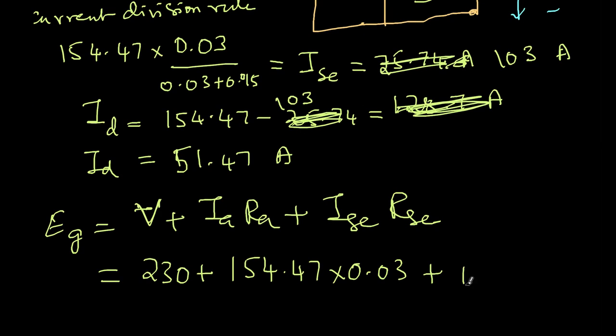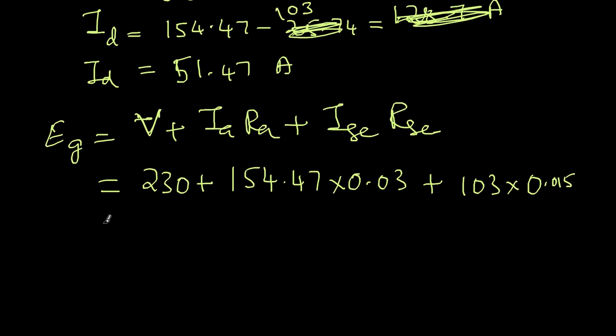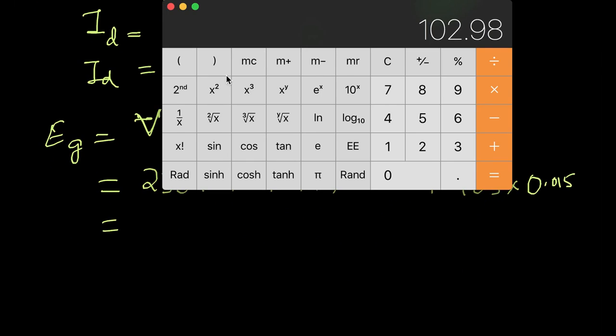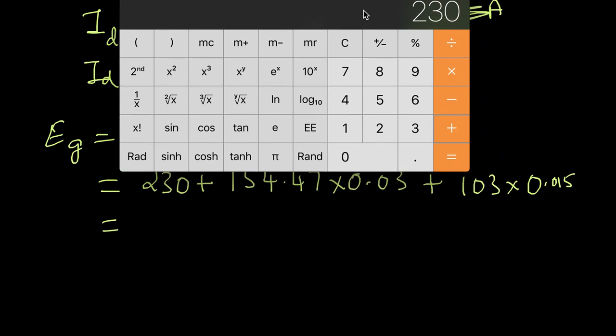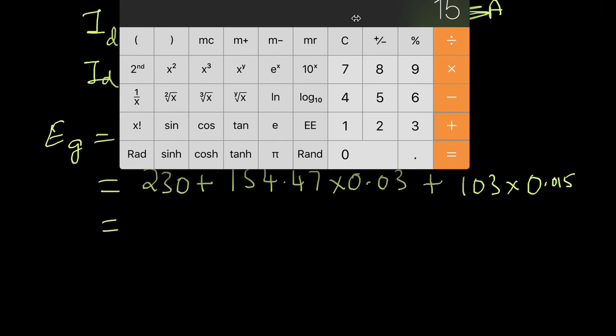So series current is 103 amperes and series resistance is 0.015 ohms.